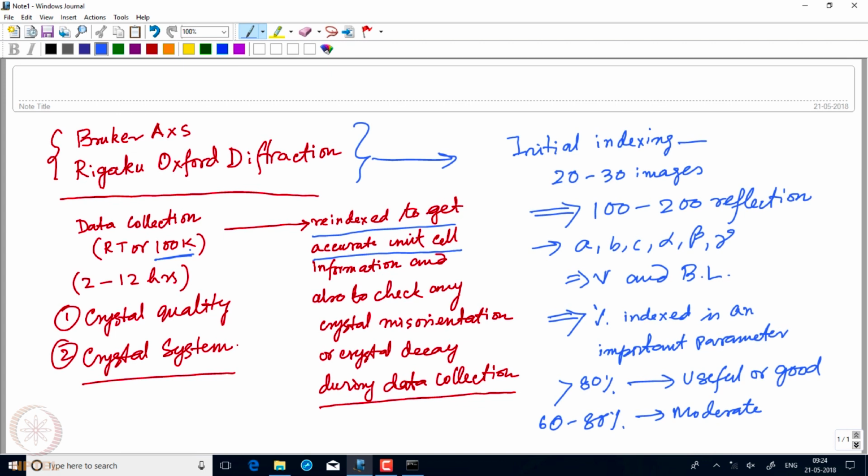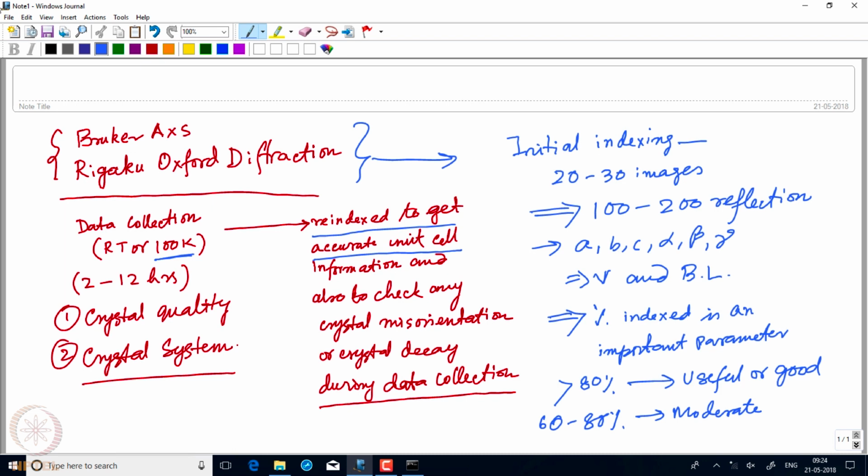But it may so happen that some ice might have formed elsewhere or on the crystal, and those ice crystals also were diffracting from the middle or towards the end of the data. Those ice crystals will also have diffraction spots, and those spots will then correspond to the harvested spots, and then those spots cannot be indexed in our crystal structure, so those will become unindexed reflections.